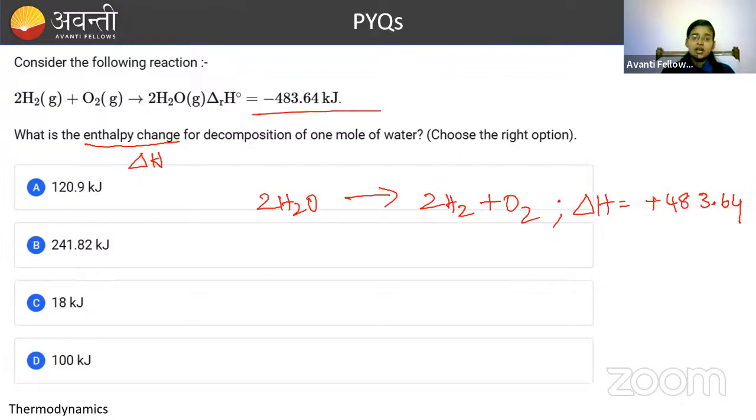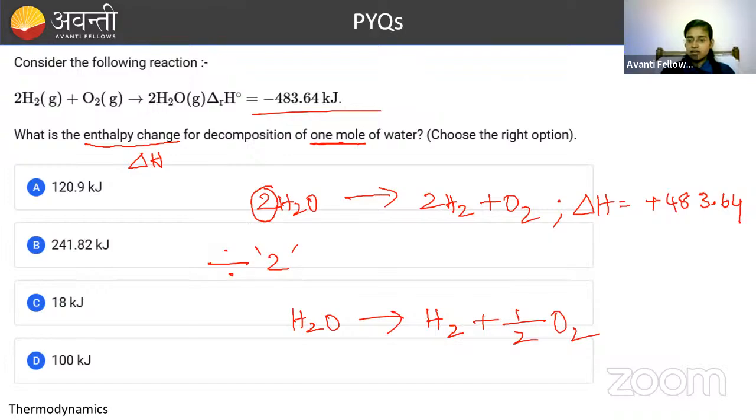Now we have to find out the enthalpy change for decomposition of 1 mole of water. Here we have 2 moles of water. To find out for 1 mole of water, divide this by 2. Divide the equation by 2. So if you divide it, you will get 1 H2O giving 1 H2 plus 1 by 2 moles of O2.